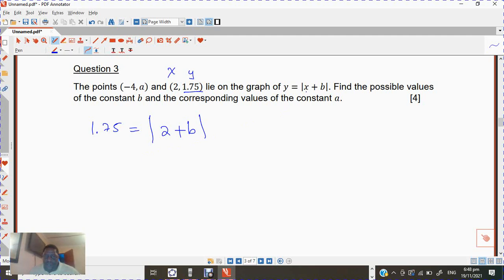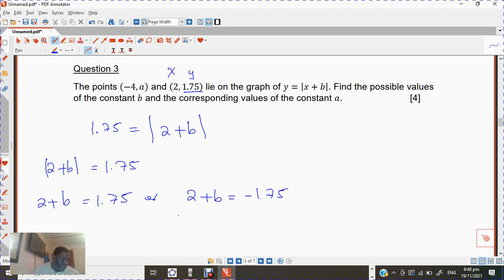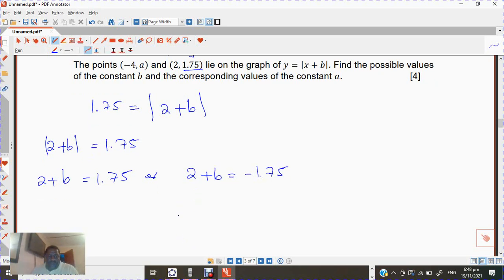So we need to create the two equations and solve. Just to rewrite it nicely, you can say 2 plus b equals 1.75, since it's an equation, or 2 plus b equals negative 1.75.